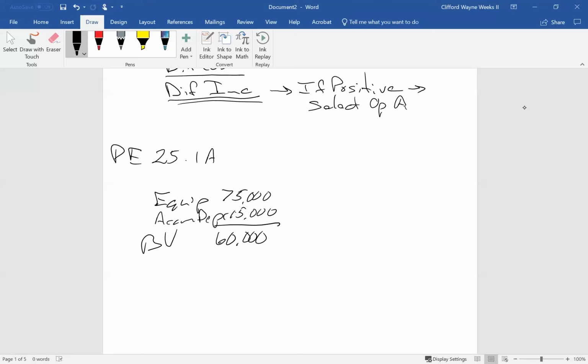And we have two options. Option A is that we can sell this for $54,000 less a 5% commission. Or we could lease it for 3 years for a total of $60,000. However, at the end, there's no residual value.